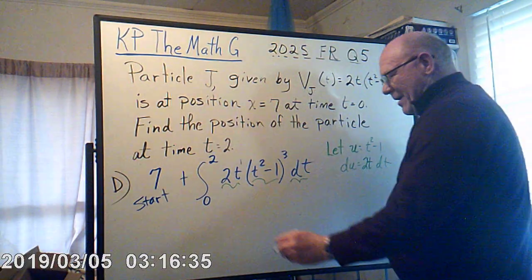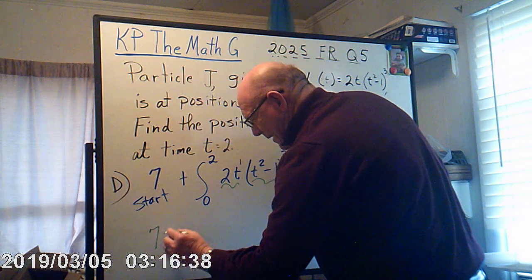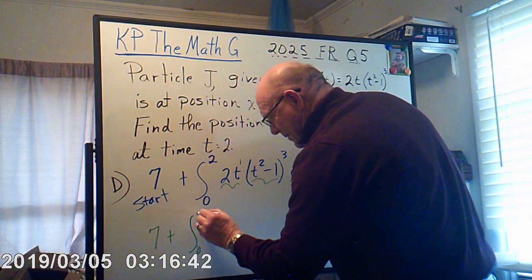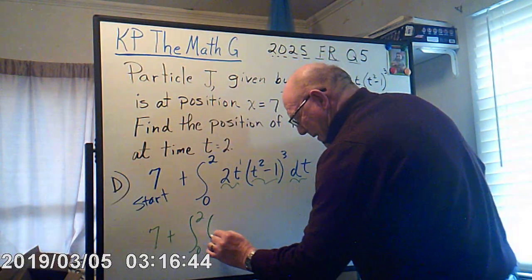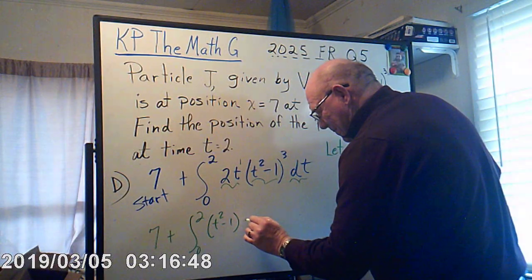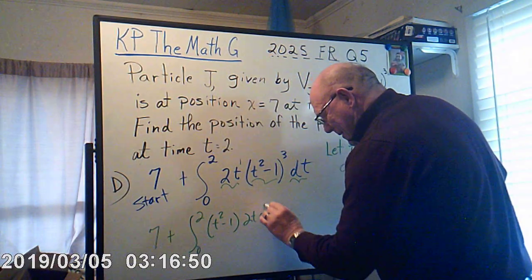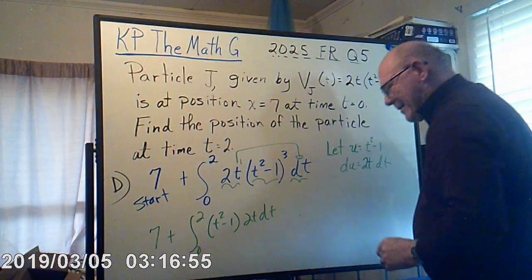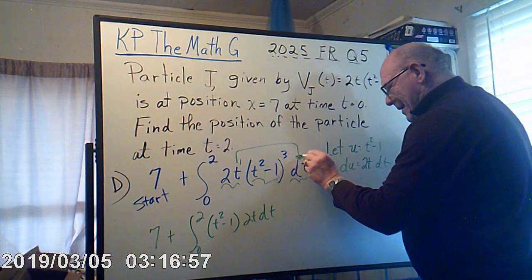So really, if we wanted to rewrite this, we got 7 plus the integral from 0 to 2 of t squared minus 1, 2t dt. I'm just moving this over here beside the dt.